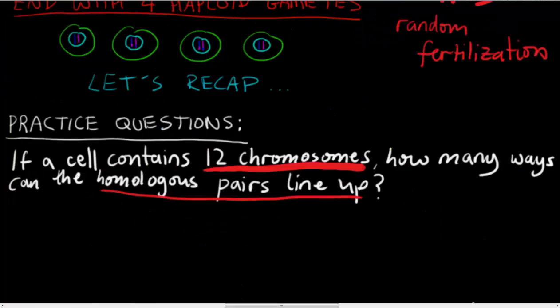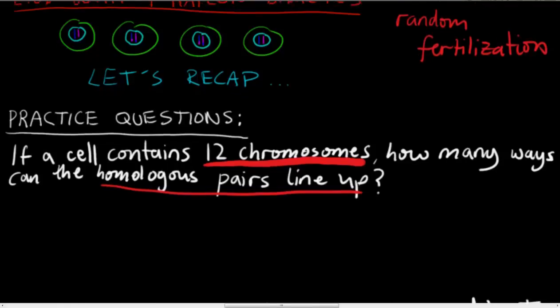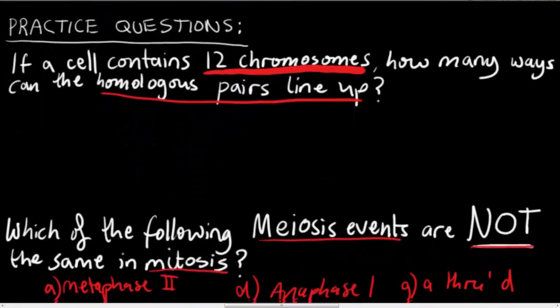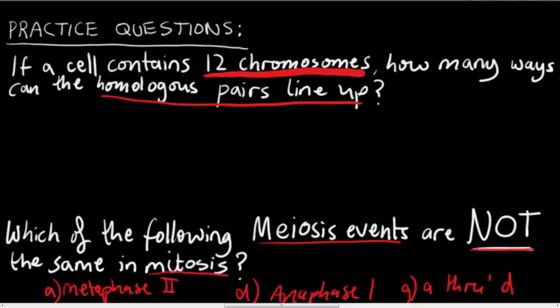Alright, so I've got some practice questions here for you. Let's go over these. Alright, so if a cell contains 12 chromosomes, how many ways can the homologous pairs line up? Now it's important when you're reading a question to read it carefully and highlight the important information.